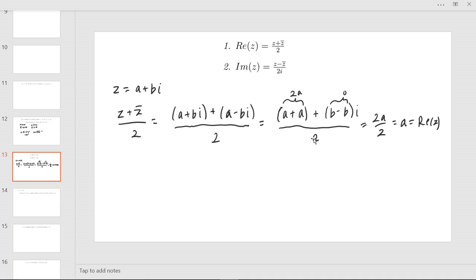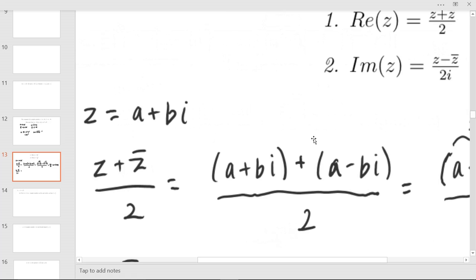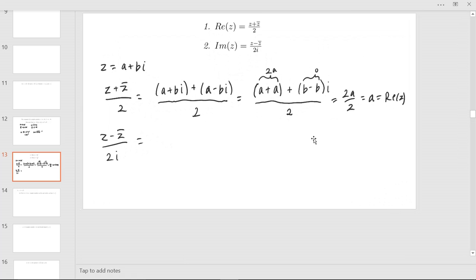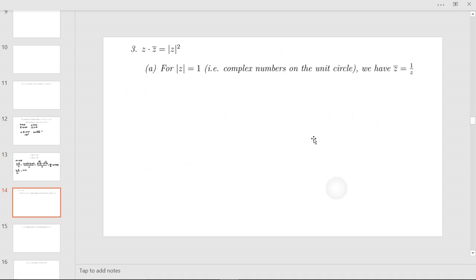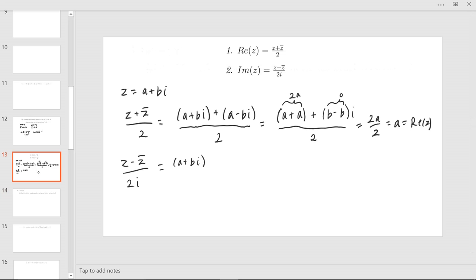Now, we'll prove that the imaginary part of z is equal to z minus the complex conjugate of z, over 2i. Again, we use z equal to a plus bi. We have z minus z bar over 2i is equal to a plus bi minus a minus bi, which is the complex conjugate of z, over 2i.